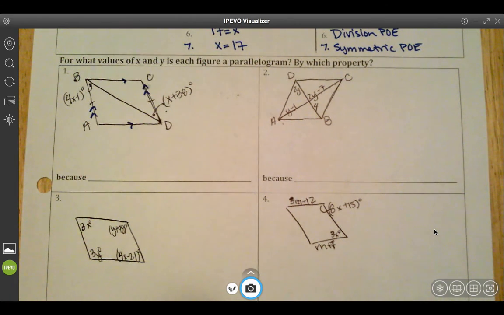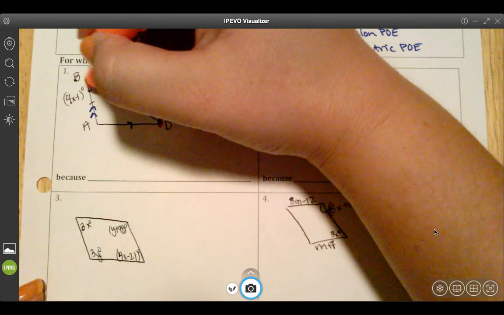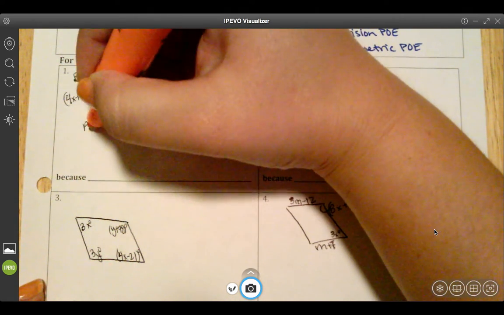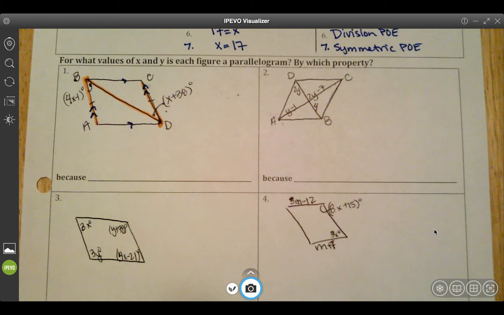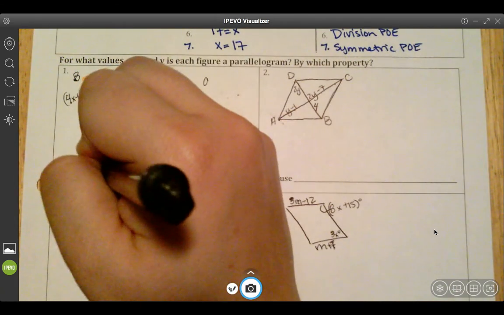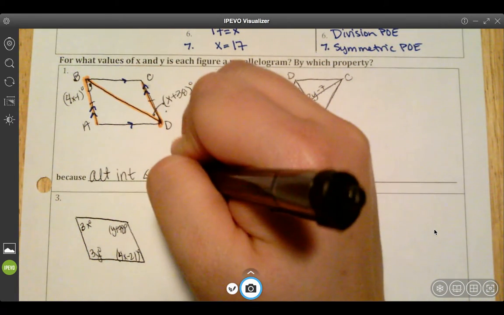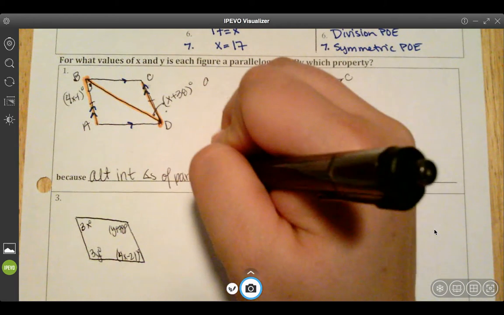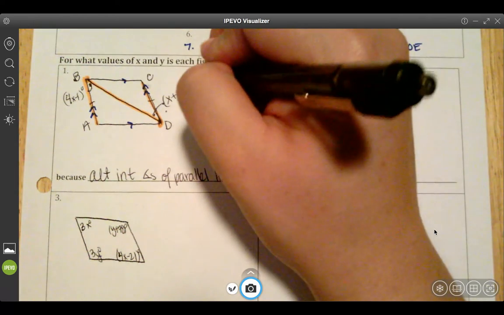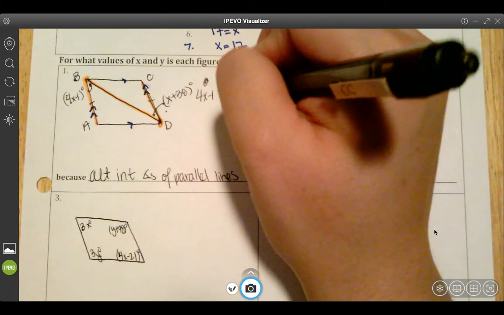Well, if we have parallel sides, then this angle and this angle form alternate interior angles, and therefore they must be congruent. So we can say by alternate interior angles of parallel lines, 4x minus 1 equals x plus 38.